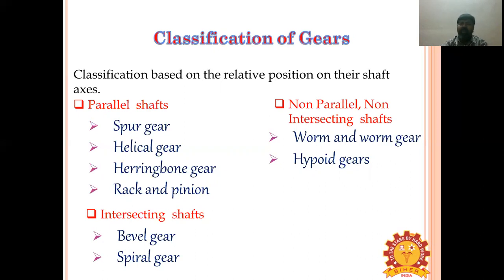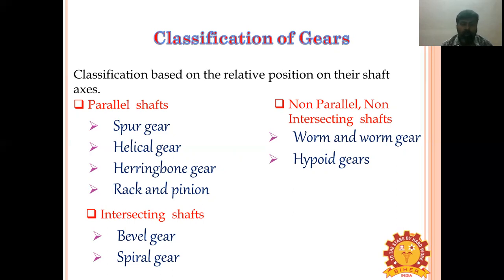Then we come to the classification of gears. We can classify gears in many ways. Initially, we can classify based on the relative position of their shaft axes. It is classified into three types: parallel shafts, intersecting shafts, and non-parallel, non-intersecting shafts.